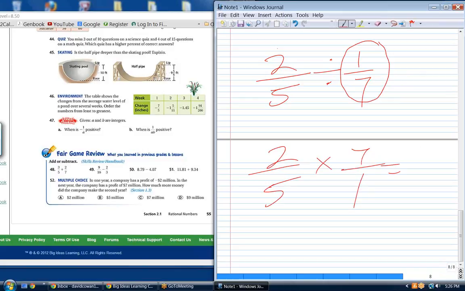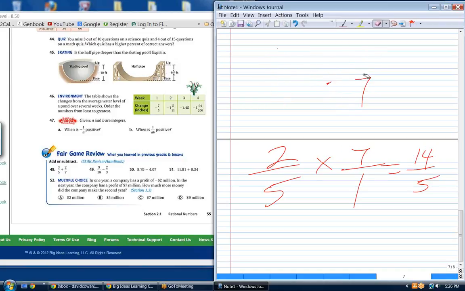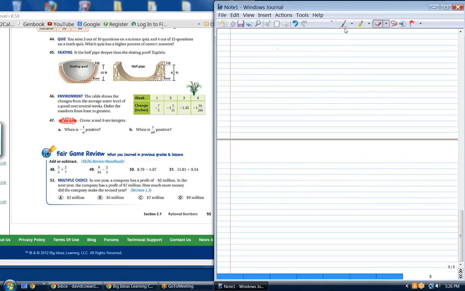And now I just go straight across: multiply both numerators, multiply both denominators. So in the same way that I change almost all division, at least whenever I divide by a fraction, to a multiplication problem, I do the same thing with subtraction. I change all subtraction problems to addition problems.